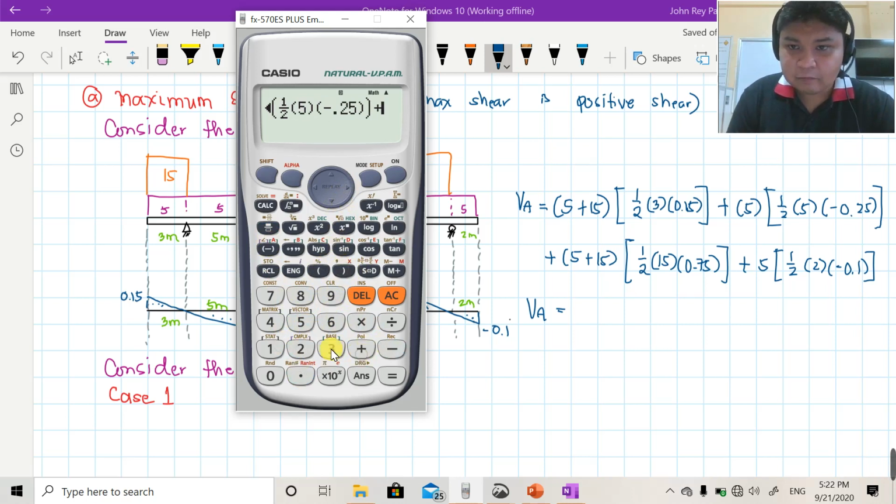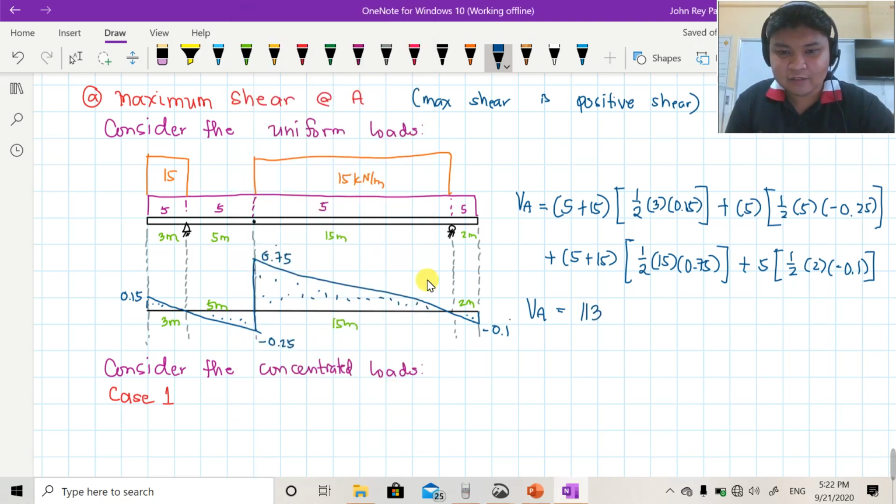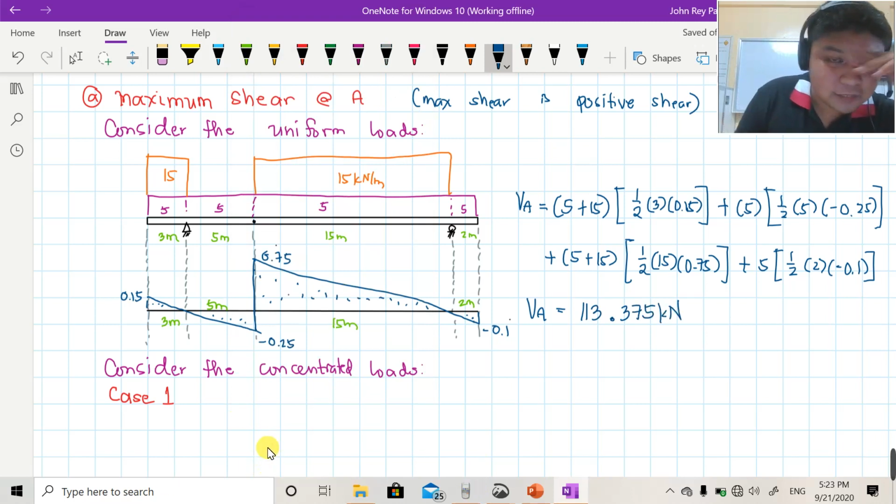So yes, plus another 5 plus 15, then that is 1/2 times 15 times 0.75, plus 5, then another 1/2 times 2 times negative 0.1. Hala, buti na lang nagsakto. So the answer will be 113.375 kilonewton. Pero, hindi pa tayo tapos dahil ang kinonsider pa lang naman natin is yung uniform load.